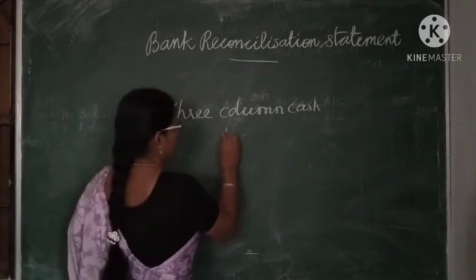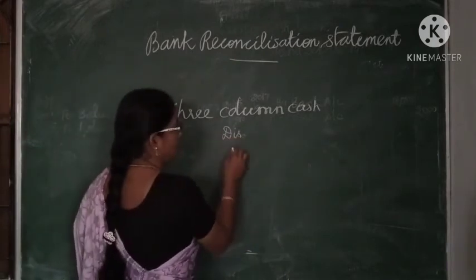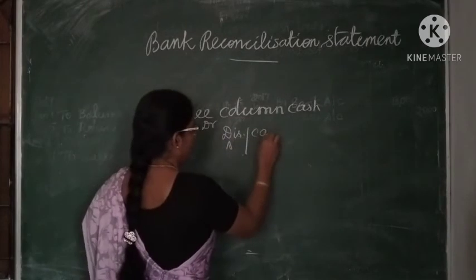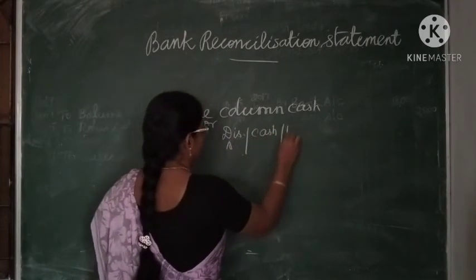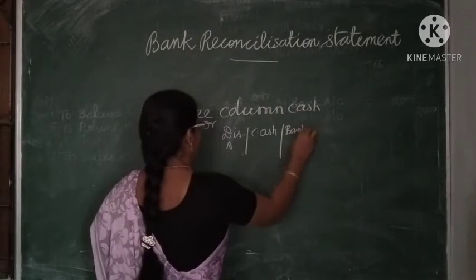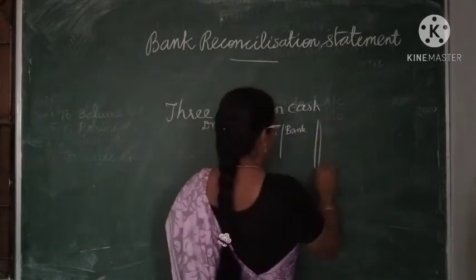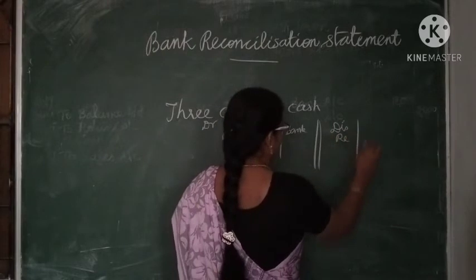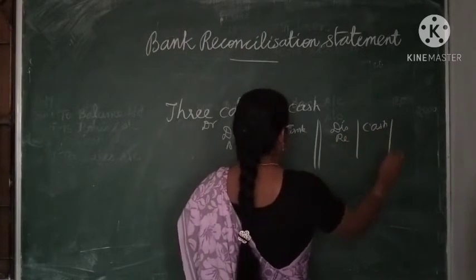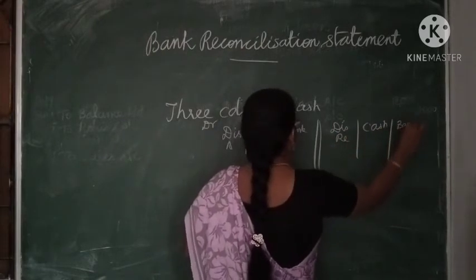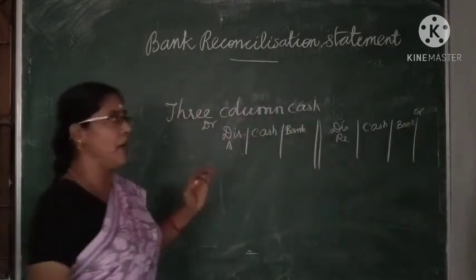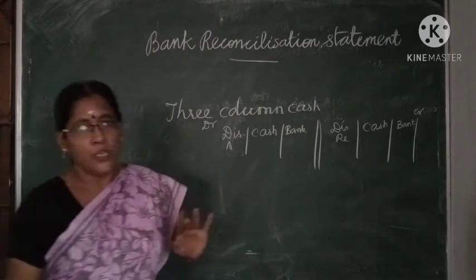On the debit side, we have maintained the discount column, cash column, and also bank column. In the same way, on the credit side also, we have maintained discount received, cash column, and also bank column. Isn't it? On both sides we have maintained the same account, cash book and passbook.